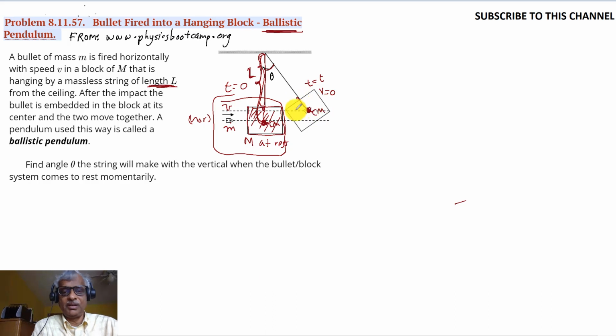Okay. So if we knew the speed at this point, after impact, VA, so VA is the speed immediately after impact.